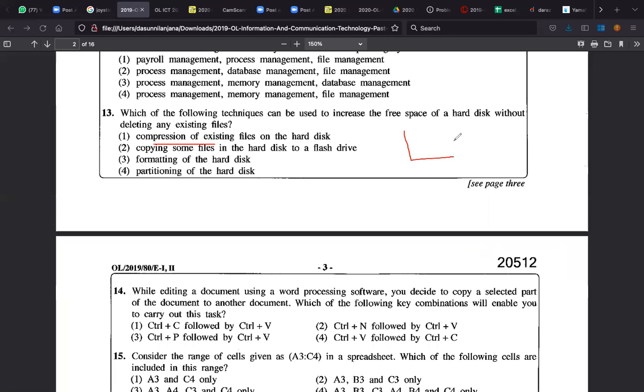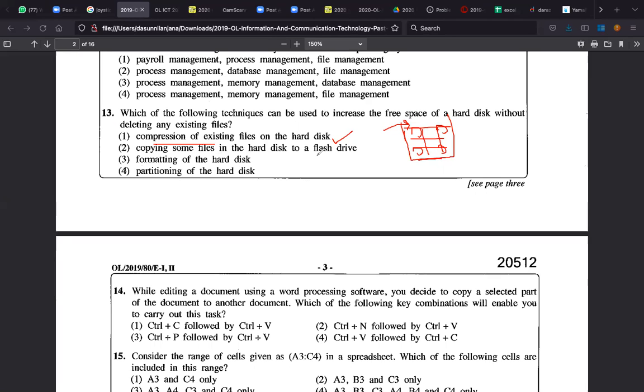Compressing is like a private bus: you have some passengers, but they are here and there. The conductor comes and tells them to move back, move forward. Likewise, file packing or compressing is a way of increasing space without deleting the file, without dropping the passengers. That is compressing. That is correct.